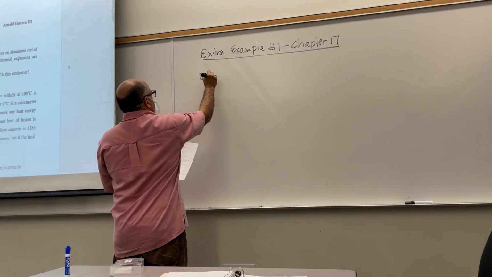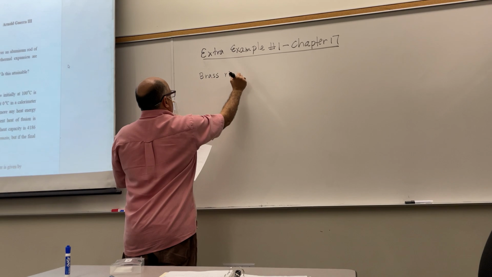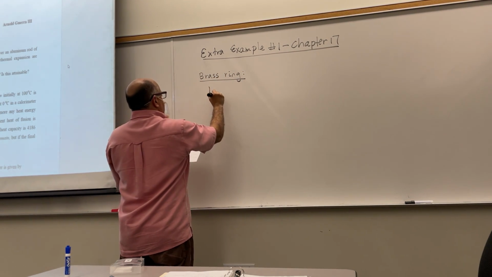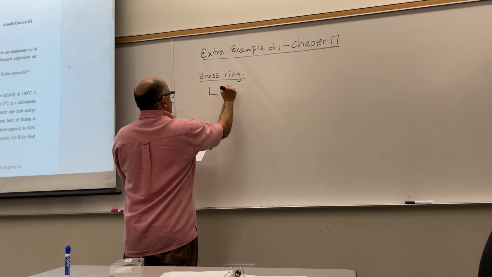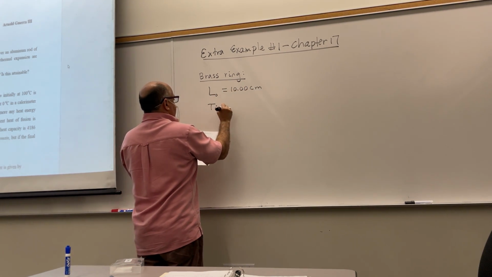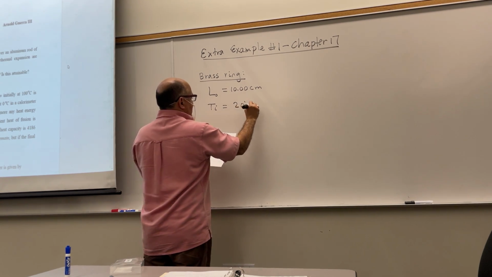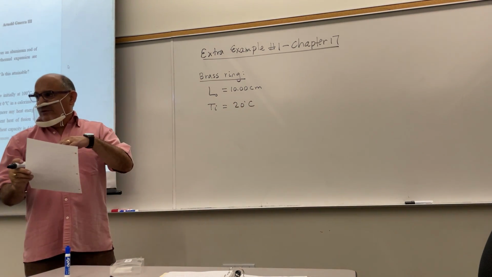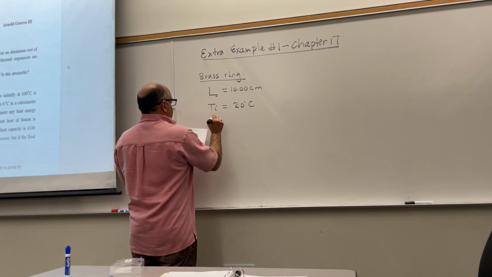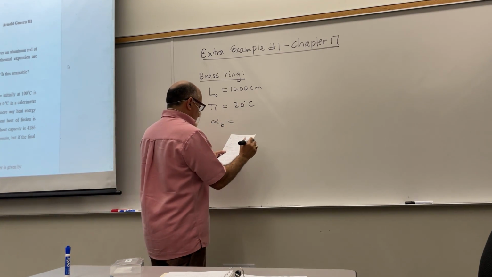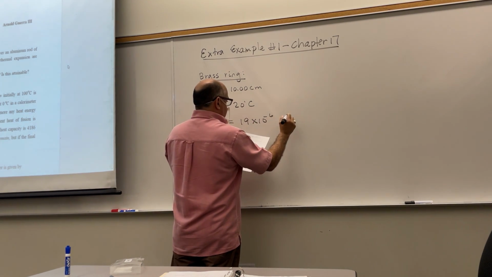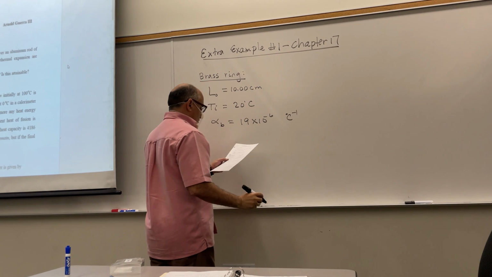For the brass ring, thinking of the diameter linearly, the diameter is 10 centimeters, and the initial temperature of the ring is 20 degrees Celsius. I slip it on when it's hotter, and then let it cool down to 20 degrees Celsius. The coefficient of thermal expansion for brass is 19 times 10 to the minus 6 inverse Celsius.